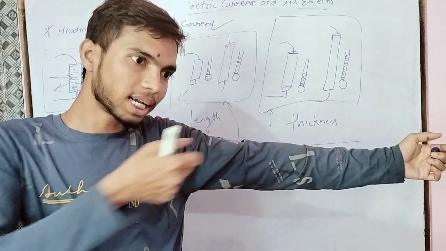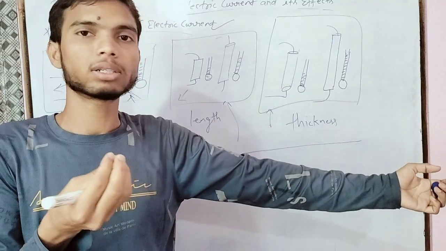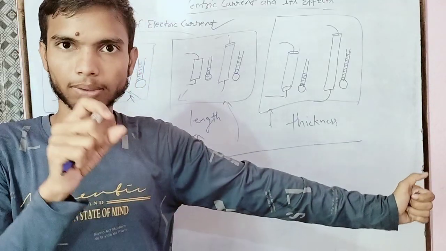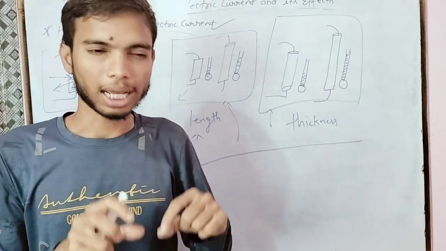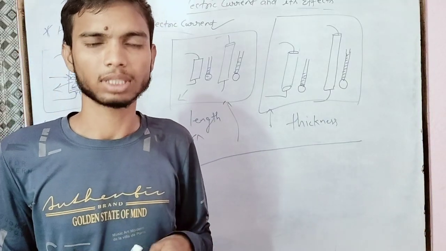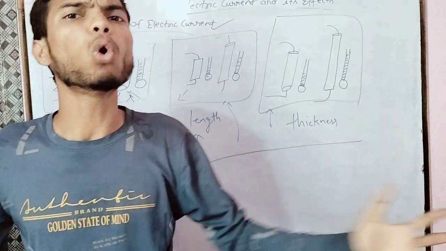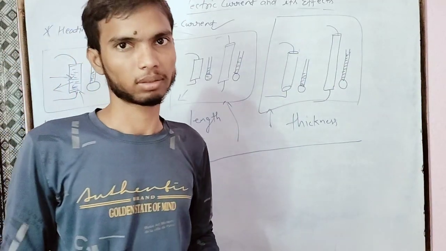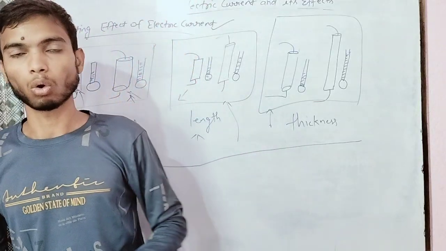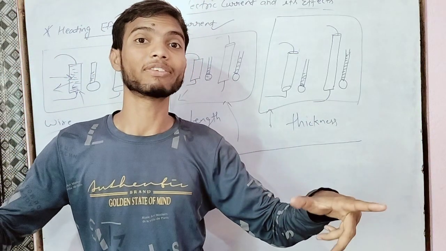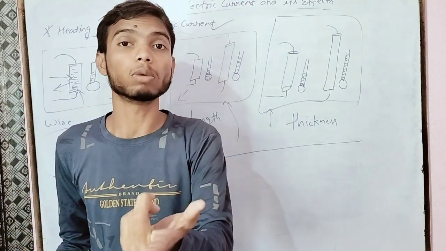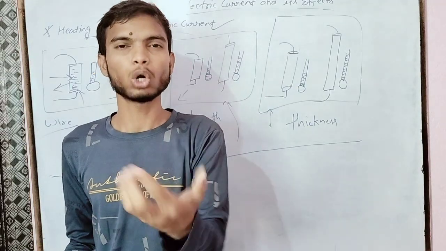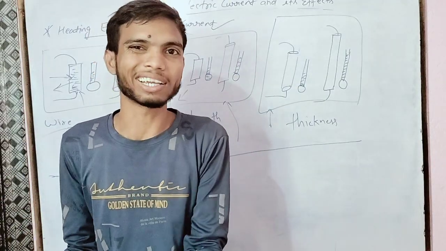So here it takes some places inside a wire. That is why a long wire comes into a heating effect, because electrons took some places to produce a heating effect.